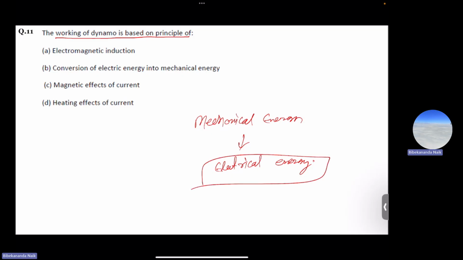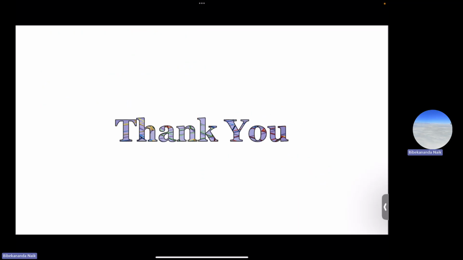So it is based on the principle of electromagnetic induction, which says the rate of change of flux is proportional to the EMF produced in a coil. So the working principle of a dynamo is nothing but electromagnetic induction.